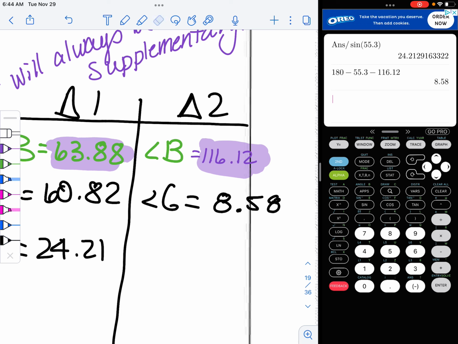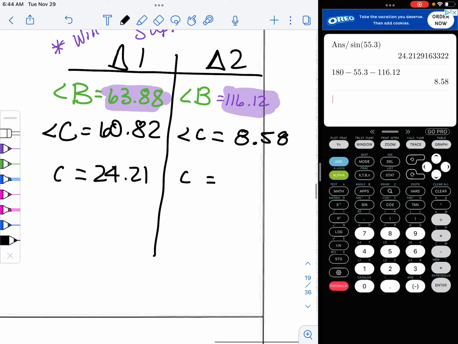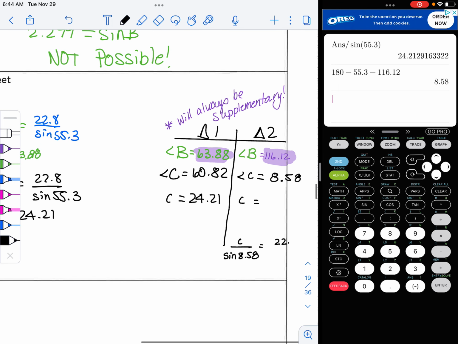This is a C, not a G. And then I need to solve for little side C. So I would do side C over the sine of 8.58 equals, using my given information, 22.8 over the sine of 55.3.